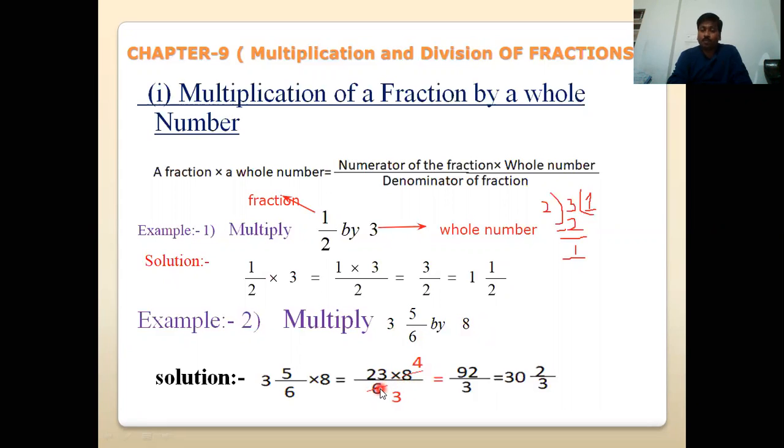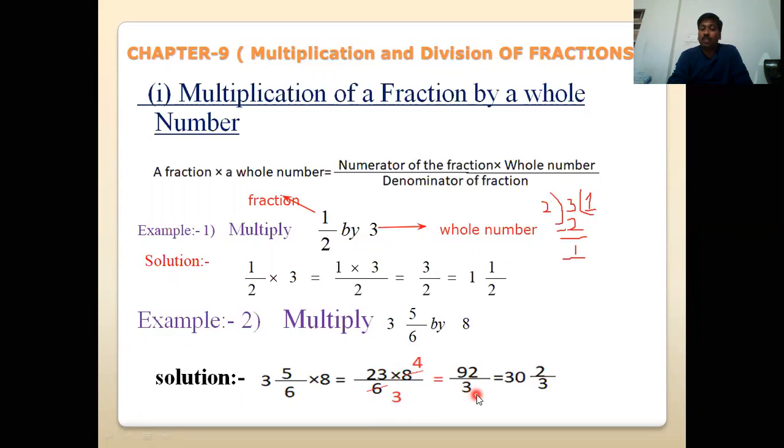Now we can cross-cancel the above and below numbers by using the common factors of 8 and 6. Using the table of 2, 6 becomes 3 as a quotient, since 2 threes are 6 and 2 fours are 8. Now there is no number above and below which cancel each other, so we multiply 23 into 4, we get 92, and 3 is the denominator.